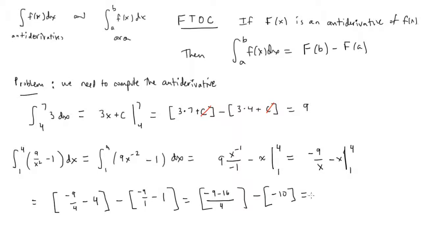And so we get here 10 minus, negative 9 minus 16 is negative 25. Okay, and then if we go ahead and get a common denominator with the 10, then that would be 40 fourths. So 40 minus 25 is 15. And so we get, in this case, 15 over 4.